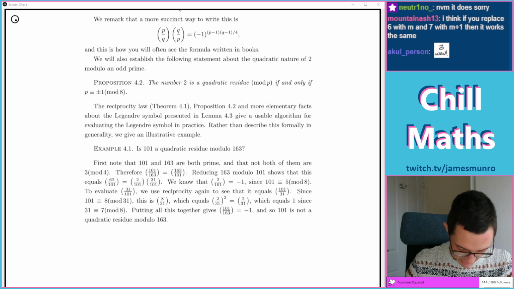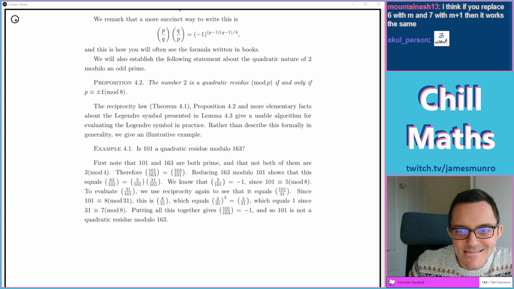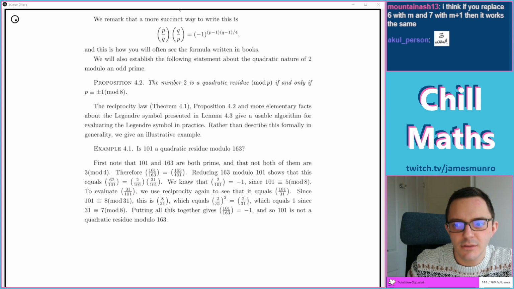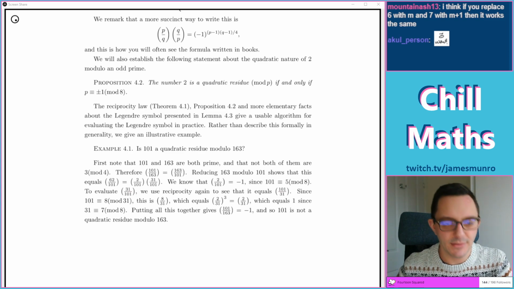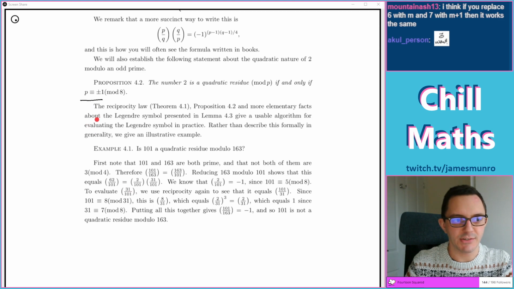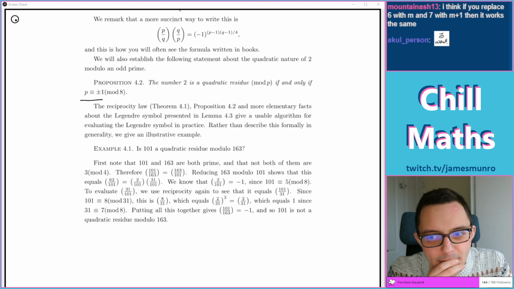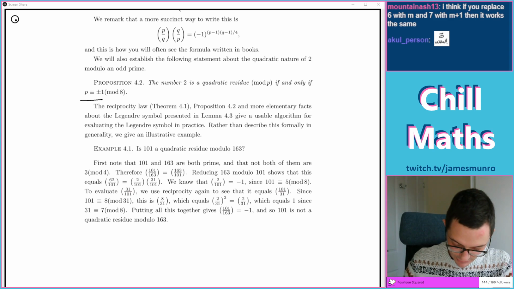And there's an example messing around with the numbers 101 and 163. There's a break here, I think. This is the end of the proposition, and then this is a different comment. Let's check some small primes.